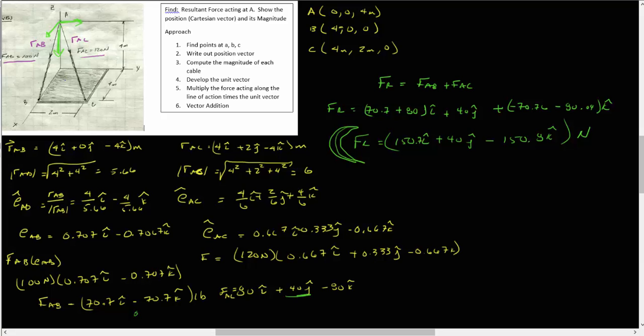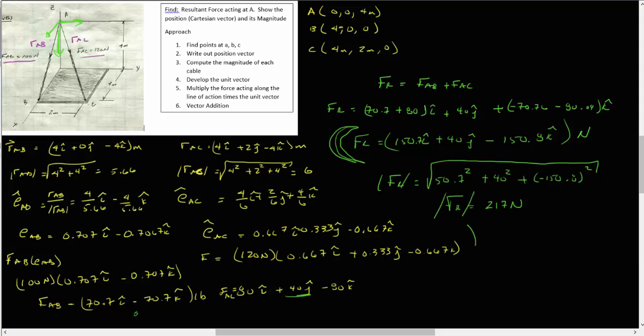So if I was to find the magnitude of this, you'd get 150.7 squared plus 40 squared plus negative 150.8 squared. Take the square root of all that, and you get your force resultant to be 217 newtons, and that's my magnitude.